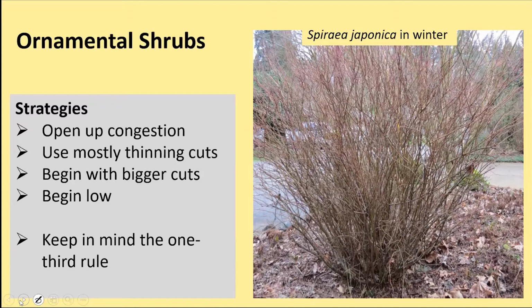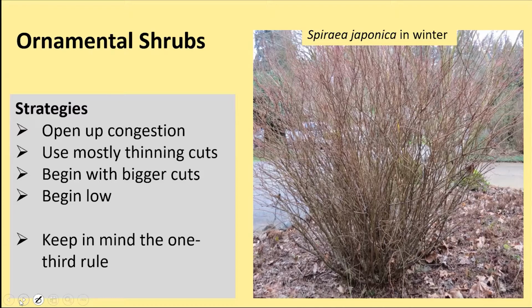So in this messy looking shrub here, you get out your loppers or your saw, you get on the ground and reach into the center and look for up to 1/3 of the thickest, oldest looking branches, remove them at the ground level, pull them out, and after that, this thing is going to look so different.